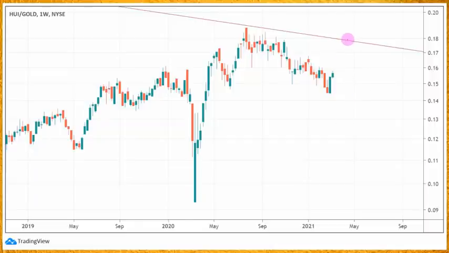What we really want is a great breakout above the 0.18 level here. I think that's going to be massive when that happens. But we do have to get through this here, which is at about 0.17. So we've got a little way to go there as well. But yeah, that's going to be huge. The miners are going to do really well if we can get above that level, I reckon.